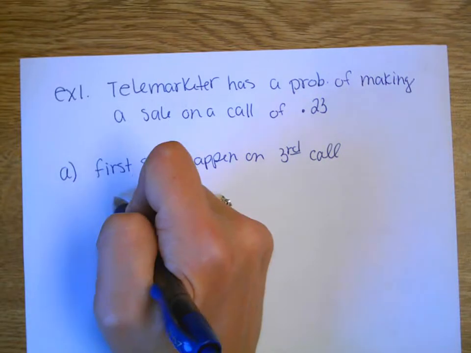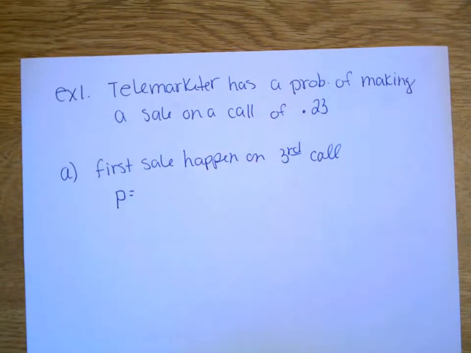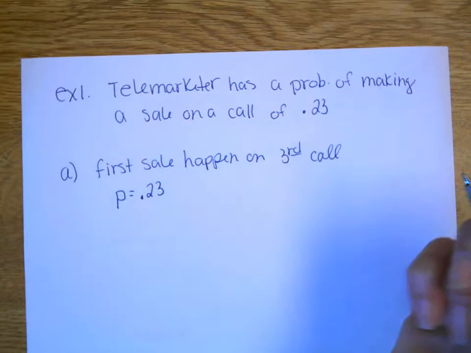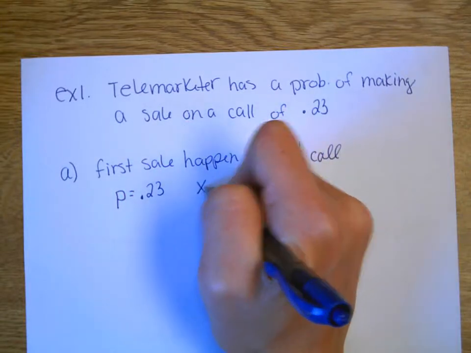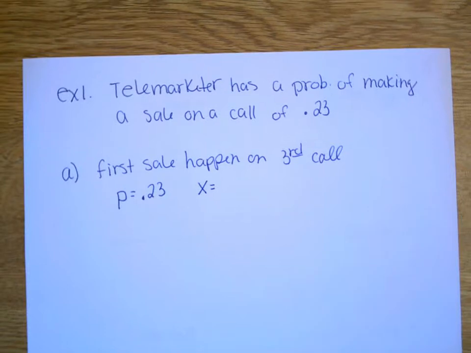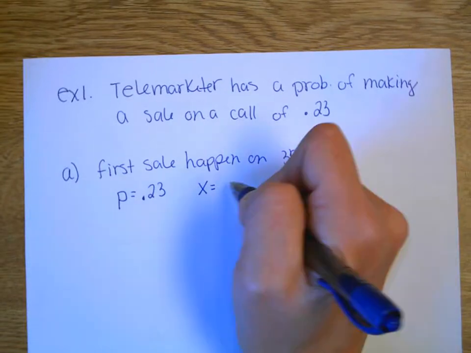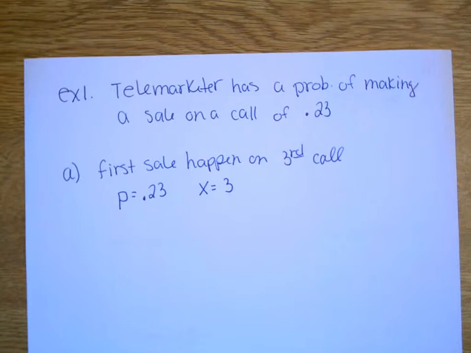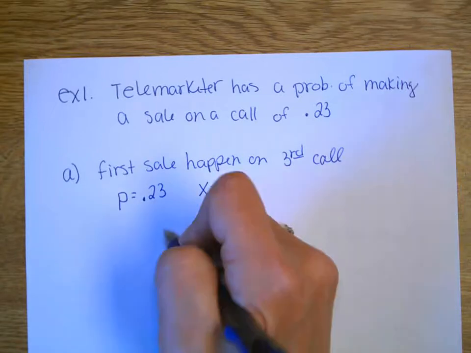So what's my p-value for this problem? Probability of success? 0.23. What's my X value that I'm trying to find the probability of? 3, the third trial. So if I do this one by hand, we'll do the by hand in the program all at once, because you're going to have to show me you know which formula to use.